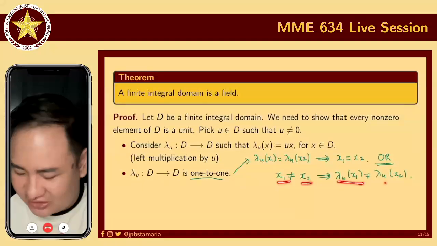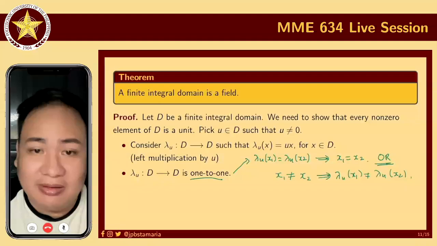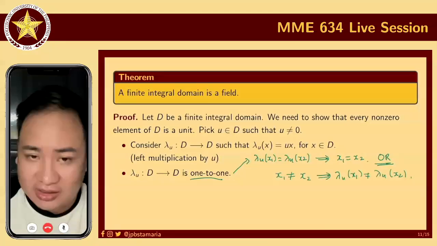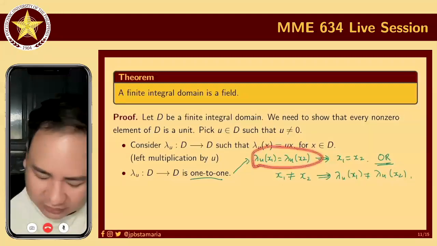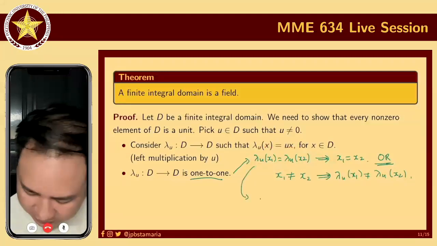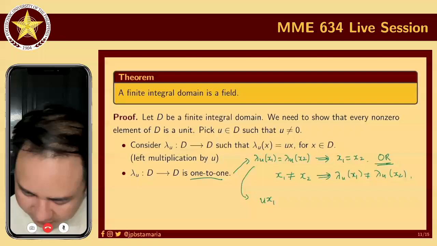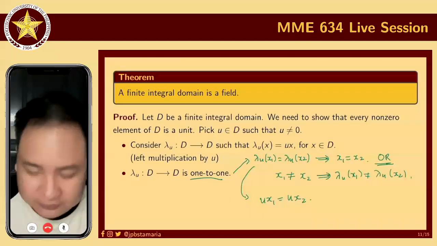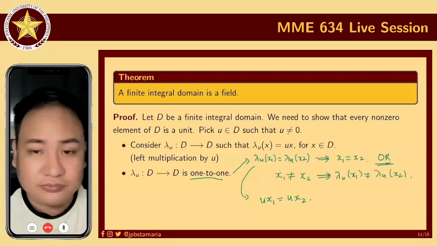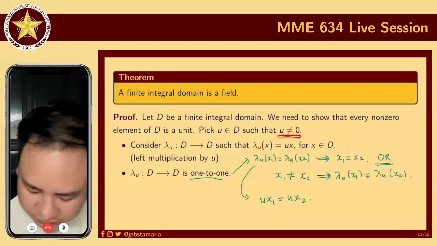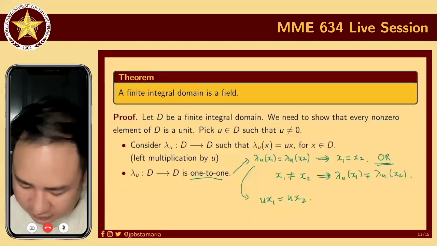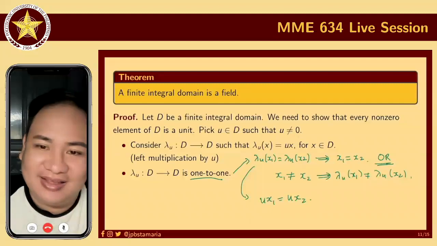Pero bakit nga ba 1 to 1 yung lambda u? Kasi, kung dito ka mag-start, ang implication niyan, ux1 is equal to ux2. Eh si u hindi 0. Tapos common siya on the left. Aha!